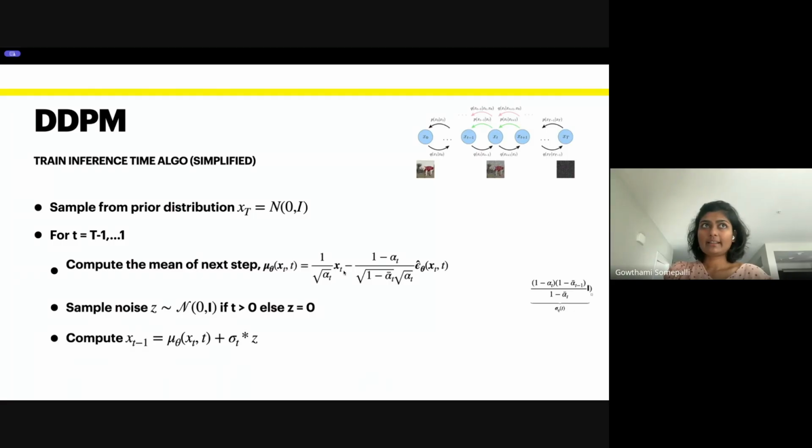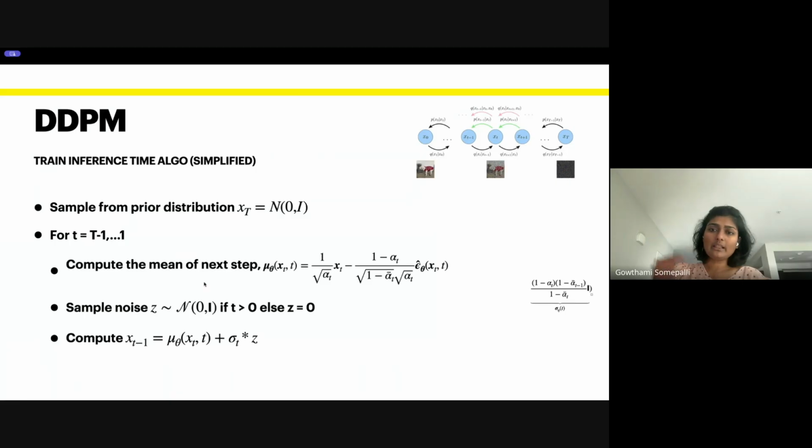We already have access to xt, and then using our neural network, we predict the noise, and then we compute the mean of that particular distribution. Now we have the mean and the variance. And how do you sample from this distribution for a given mean mu and variance sigma squared? We have already seen that in one of the earlier slides. You can just sample some random noise and scale and shift it using this mean and standard deviation.